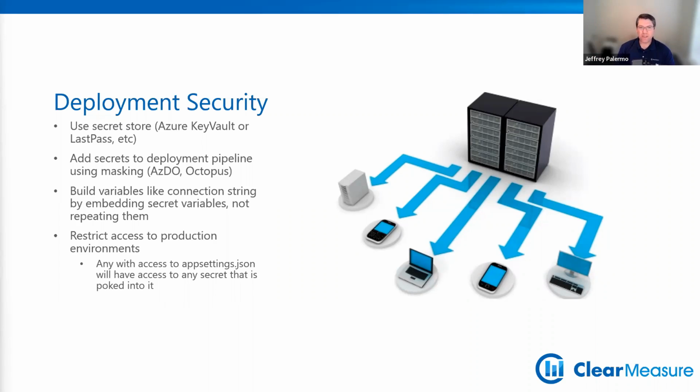But when it comes to credentials, again, use LastPass, use Azure Key Vault. Most of the time, it's sufficient to use a secret store and then put those secrets in an encrypted key-value pair in Octopus Deploy or Azure Pipelines, because those tools keep them as one-way encrypted tokens that can't be reversed out.